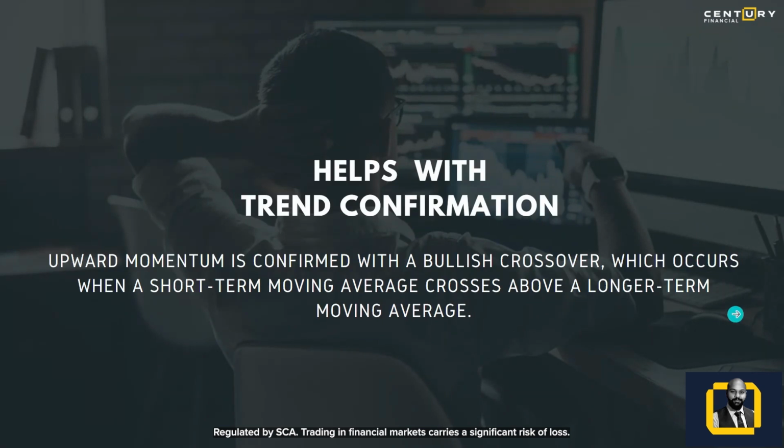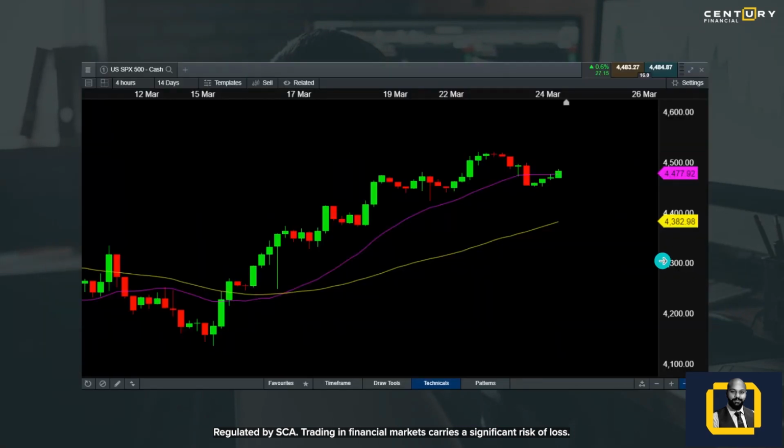Yes, and we also look at crossovers that happen between two moving averages. There are people who use a 200-day moving average versus a 50-day moving average. The 50-day moving average is quite fast moving with the price of the stock compared to a 200-day moving average, because a 200-day moving average takes 200 days of closing prices as an average, while a 50-day takes only the last 50 days, so you see it move faster.